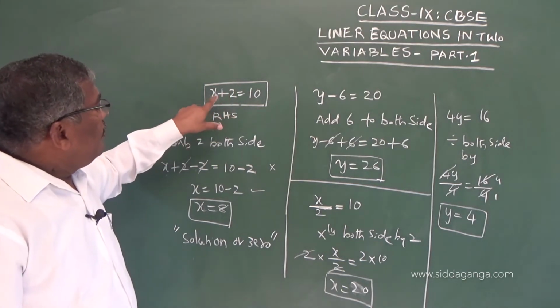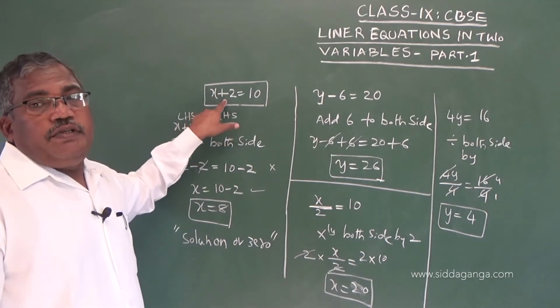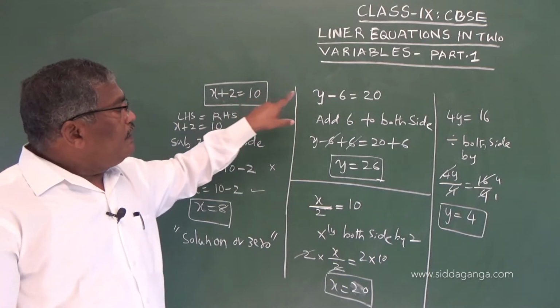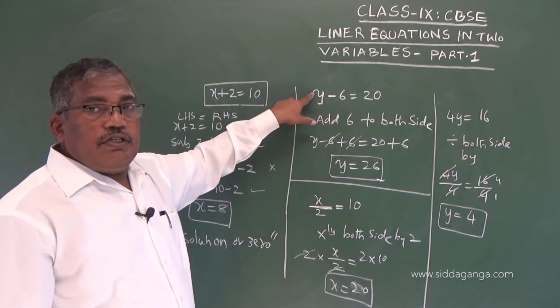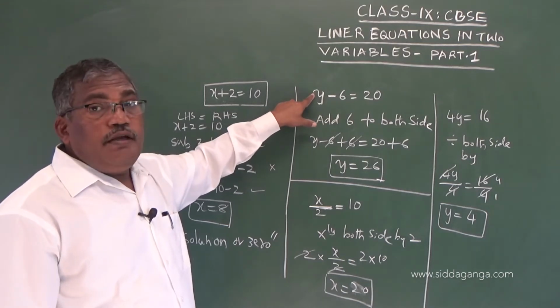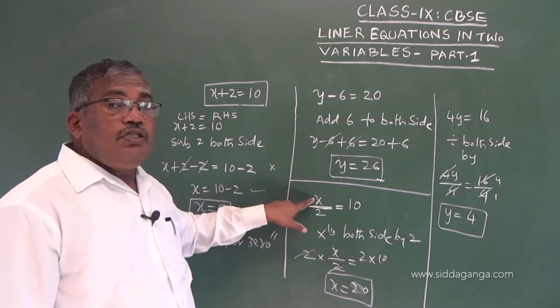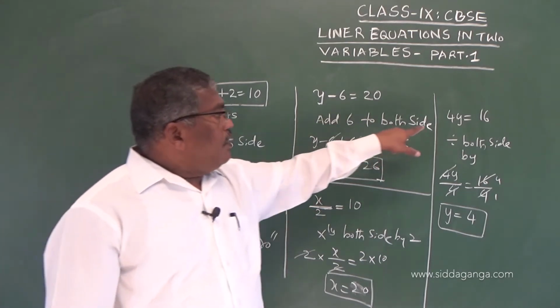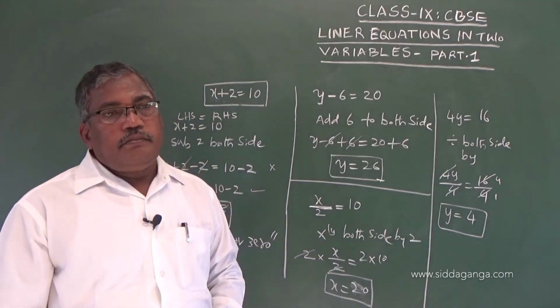Therefore we call this value the zero of this equation or solution of this equation. Similarly, y is equal to 26 is the solution of this equation, or we call it the zero of the equation. So in this case, x is equal to 20 is the zero of this equation. And here y is equal to 4 is the zero of this equation.